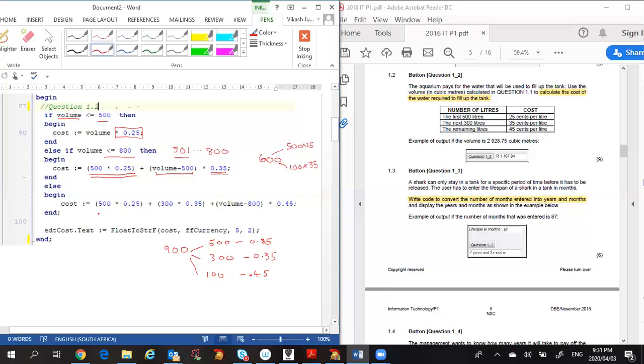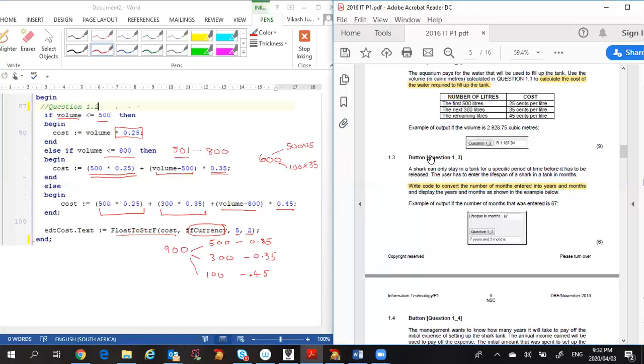So here we calculate the first 500 at 25 cents, the next 300 at 35 cents, and then the remainder, which is the total volume minus the 500 and the 300, which gives you 800, and that's multiplied at 45 cents per liter. And this is then displayed. It's using a currency and again 5 characters in total with 2 after the decimal place. So that answers question 1.2.